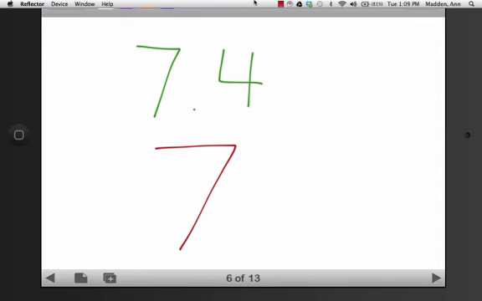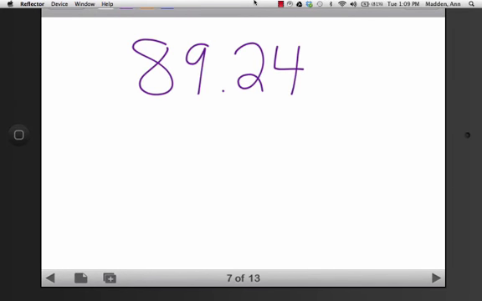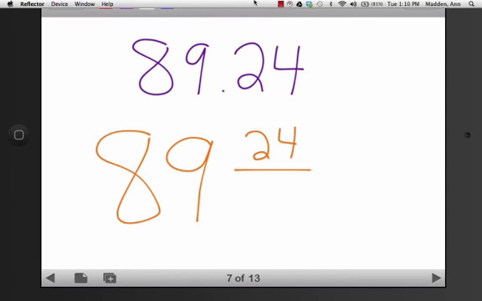Big number 7, 4/10. 7 and 4/10. How would this one look? 89 and 24/100. It would be a mixed number again. A big 89. 24 over 100. 24/100.